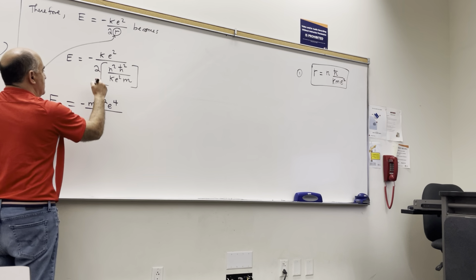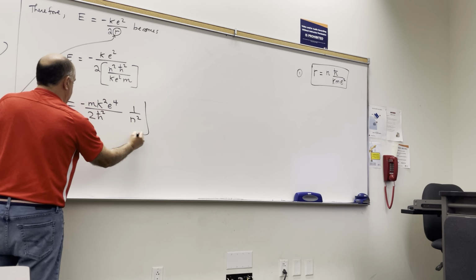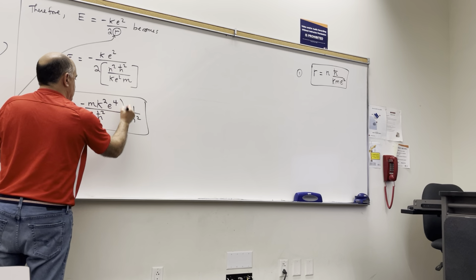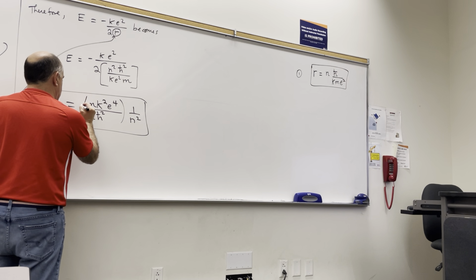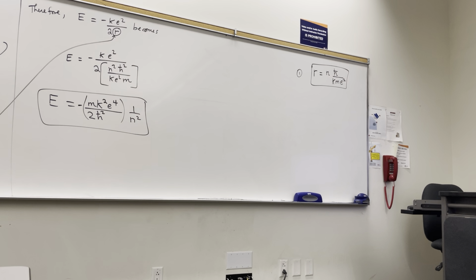Minus, and then there's a 2, there's an h bar squared, and then there's a 1 over n squared, right? Yes?